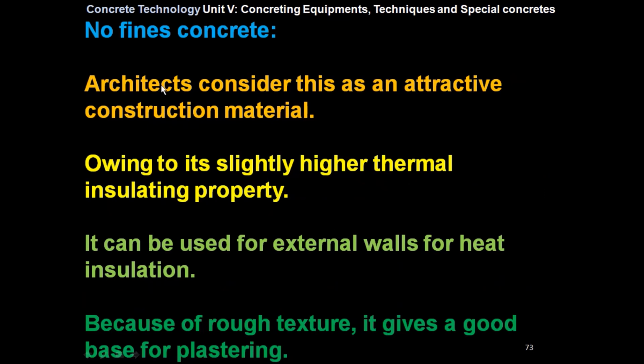Architects consider this as an attractive construction material, owing to its slightly higher thermal insulating property. It can be used for external walls for heat insulation. Because of rough texture, it gives a good base for plastering.